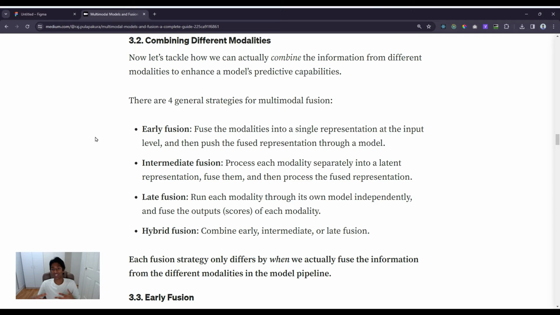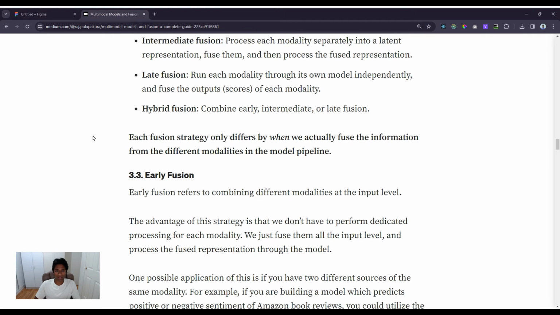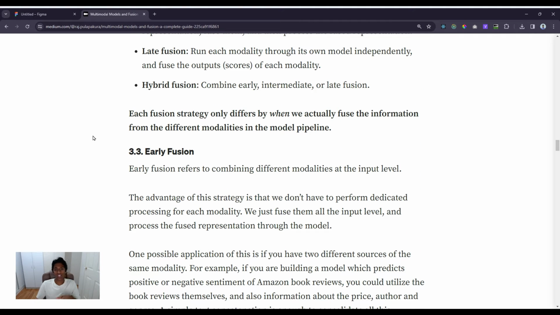And then we process this fused representation. Late fusion is when we run each modality through its own model independently, and we fuse the output scores of each modality. Hybrid fusion is a combination of early, intermediate, or late fusion. Each fusion strategy only differs by when we actually fuse the information from the different modalities in the model pipeline.